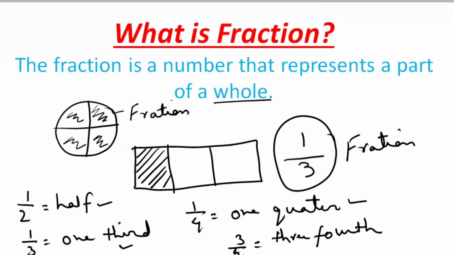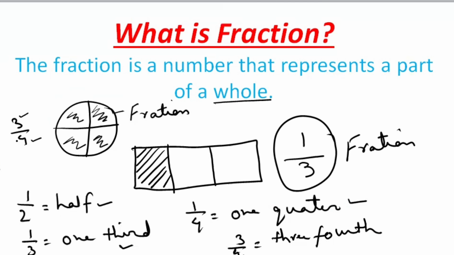Okay, these are all the terms we use when we do fractions. These are all called fractions: 1 by 2, 3 by 4, 6 by 7. These show the parts, and this shows the whole.